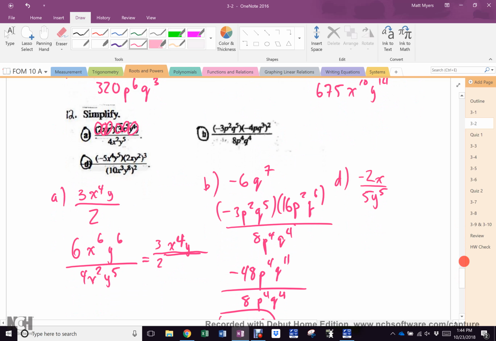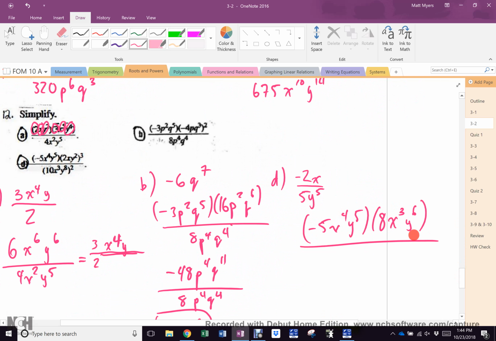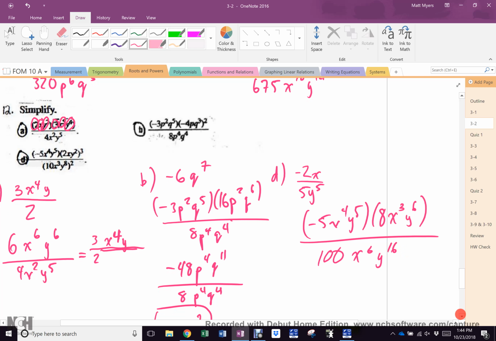D. Negative 5x to the 4th y to the 5th times 2 cubed is 8, x cubed y to the 6th, over 10 squared is 100, x to the 6th y to the 16th.